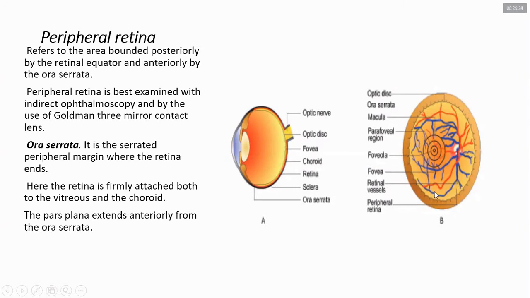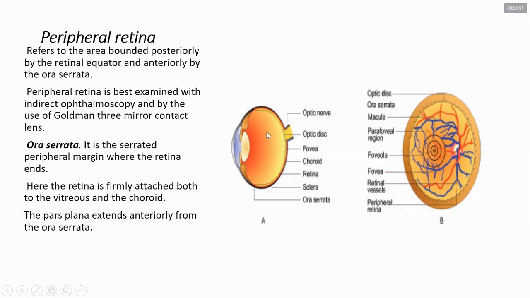In these sections you can see the retina ends over here with a serrated margin. Inside there is the vitreous, and outside is the choroid.